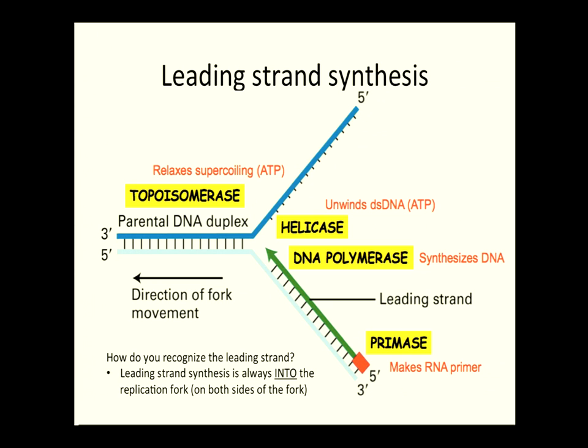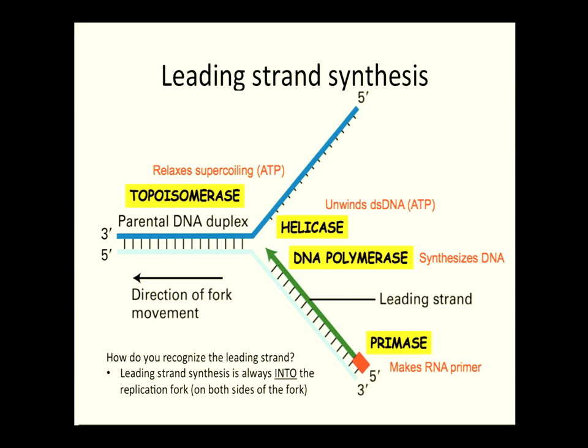So it's always 5 to 3. Okay, so if professor just gives you a picture like this, you should be able to tell which one's going to be the leading and which one's going to be the lagging, right?